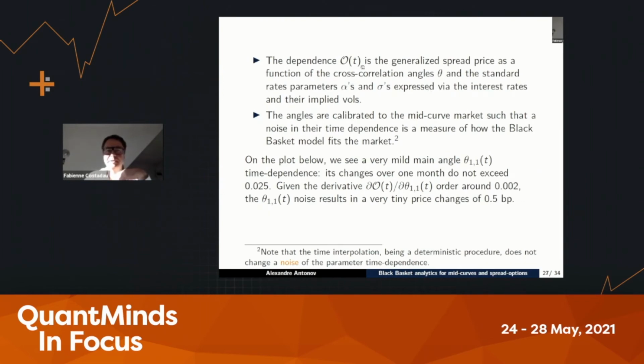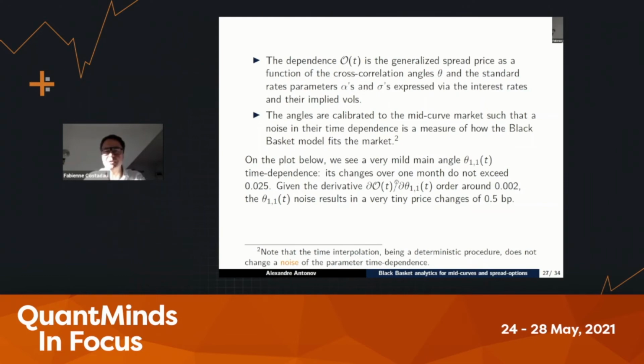As I said, the dependence of the option price on these cross correlation angles is the main stability issue. In our plot below, we'll see how mild the time dependence of the main angle is.